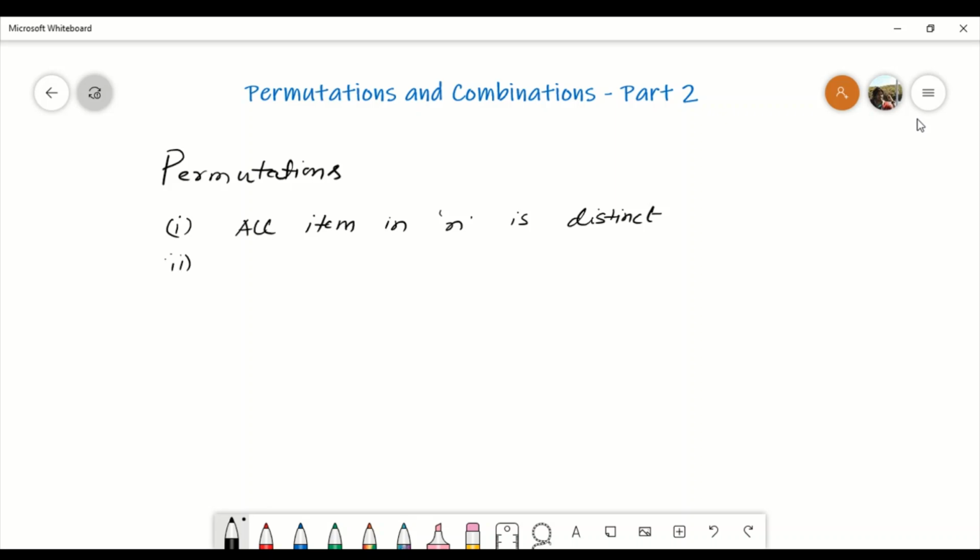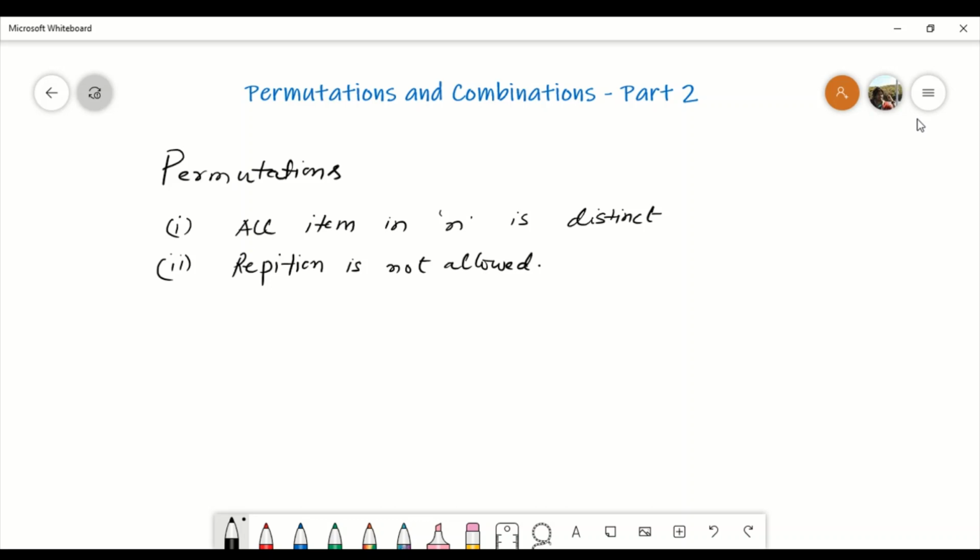And the second constraint is that repetition is not allowed, which means that we can use one item at most once in a particular arrangement. So an item can be used multiple times across different arrangements, but within a single arrangement, it has to be used only once.